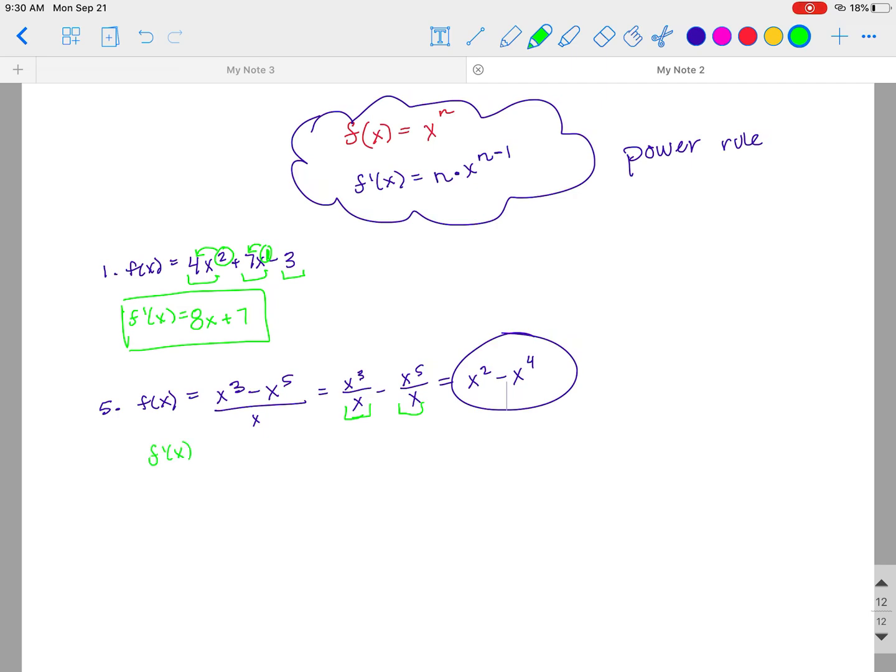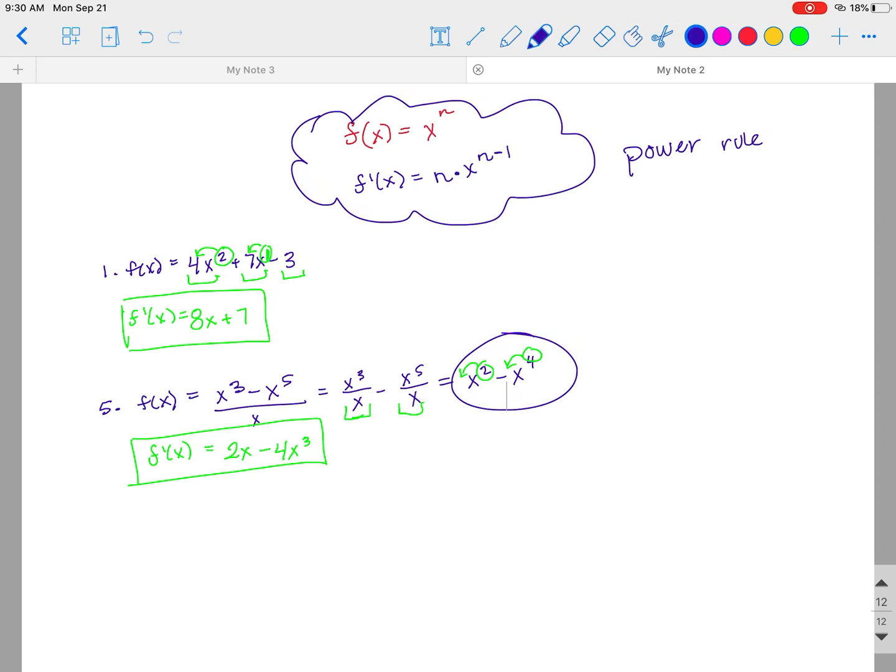And so the derivative of f is going to be, so 2 gets multiplied out in front, and then I power down, so x to the first power, or just x, minus 4 gets multiplied out in front, so negative 4. I power down from 4, which is going to be an exponent of 3.